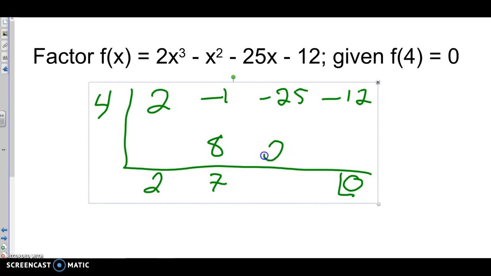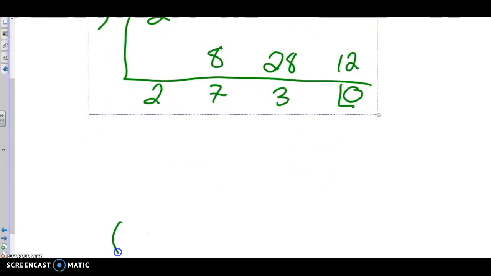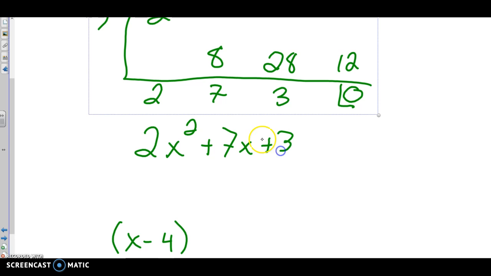Add, multiply, add, multiply. I get my 0. I know x minus 4 is a factor. I now have 2x squared plus 7x plus 3. And now I want to factor this to get my final two factors.